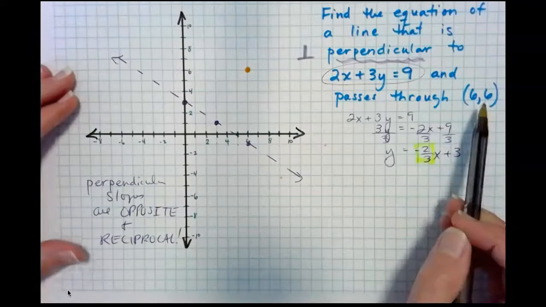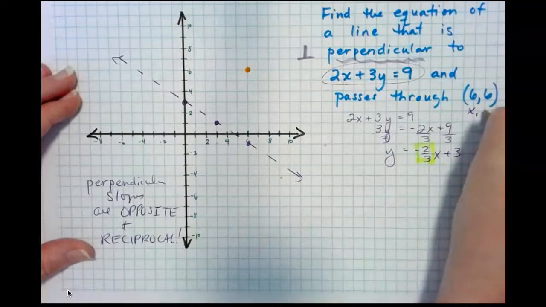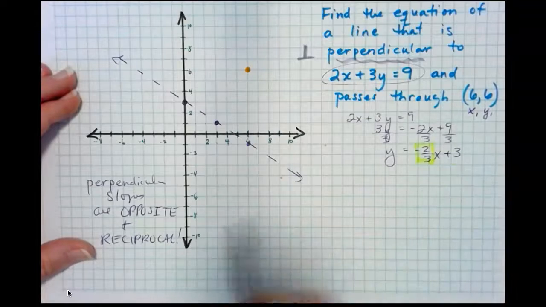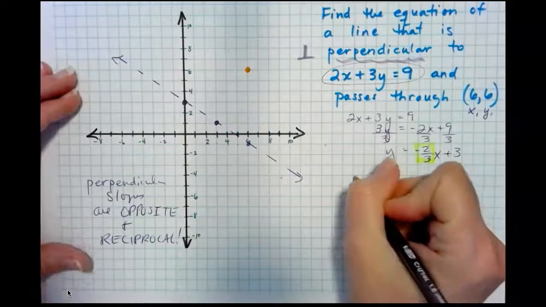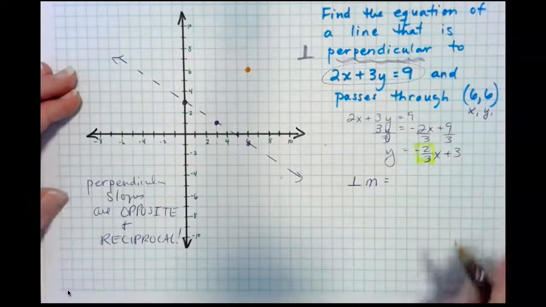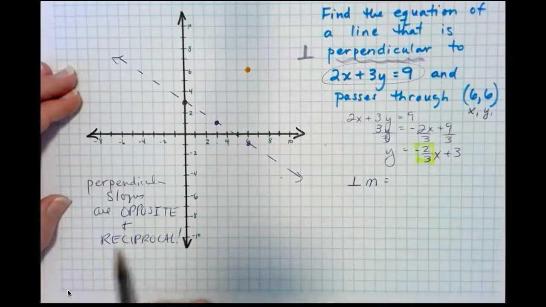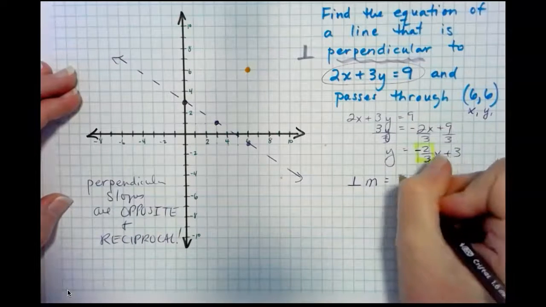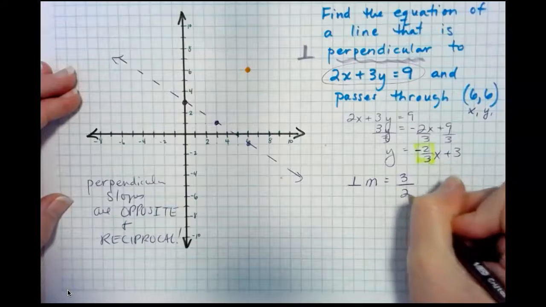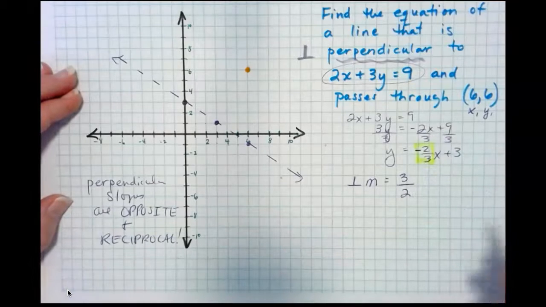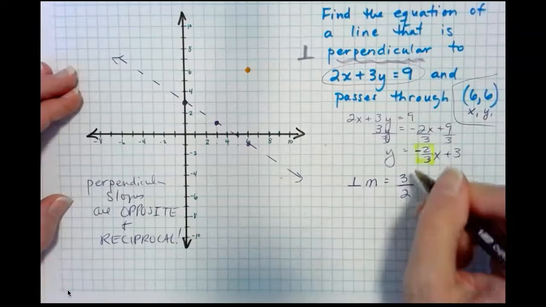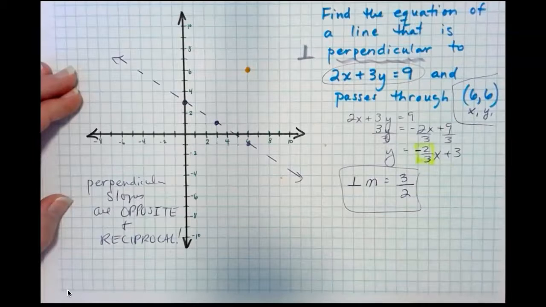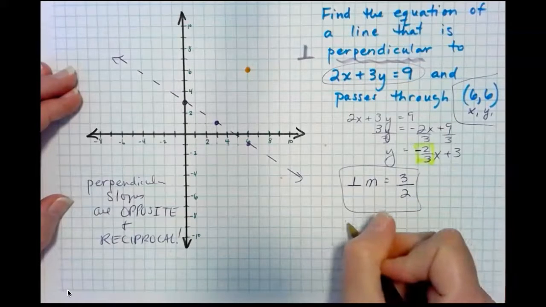So if our point, which will be our x1, y1, is 6, 6, and our new perpendicular slope must be opposite and reciprocal from the given slope. So if this one's negative, our new slope is positive, and we'll also take the reciprocal. So new point, new slope, let's plug it into the point slope form.